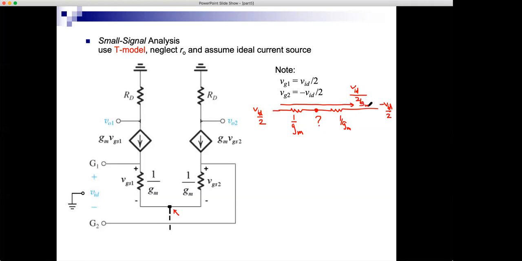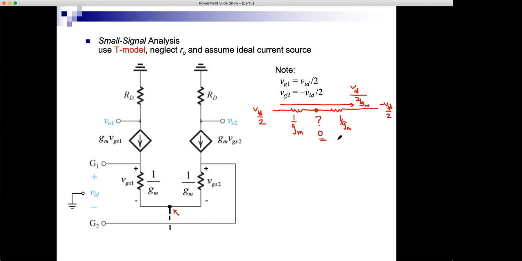So this is the current flowing in the 2 resistors. What's the voltage here? It's VID over 2 minus 1 over gm times VID over 2 over gm. And if you simplify, you'll get VID over 2 minus VID over 2. And as Faqih guessed, it is 0.